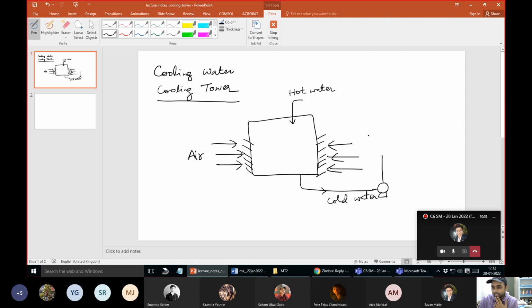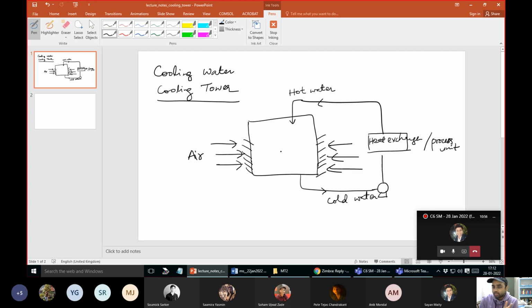It goes into a heat exchanger in the process unit to cool other fluids, and then again it is recirculated back here.